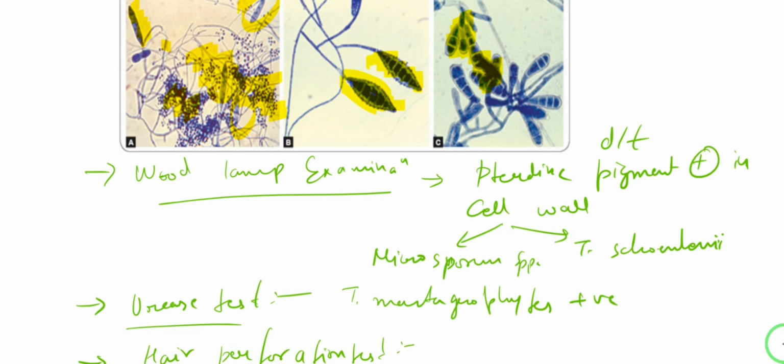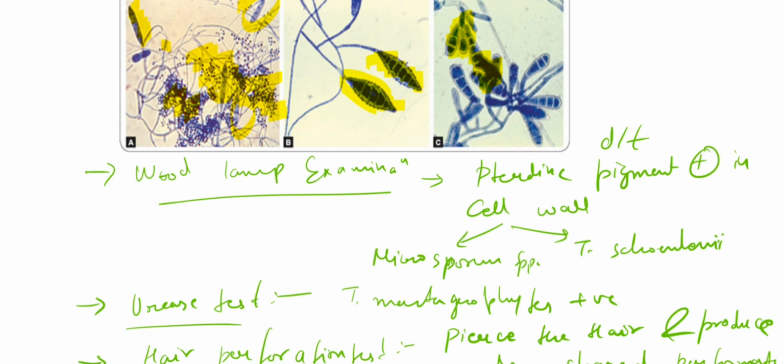In the hair perforation test, we put the colonies in a petri dish with yeast extract and with hair. The fungi are going to pierce the hair and produce wedge-shaped perforations, right? And this was all we can do.